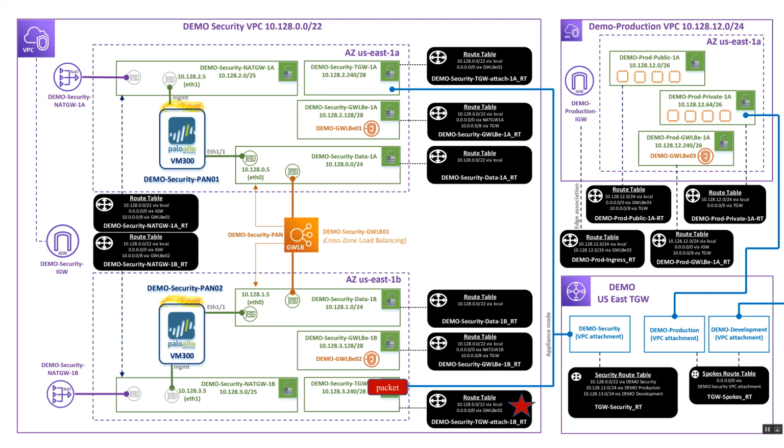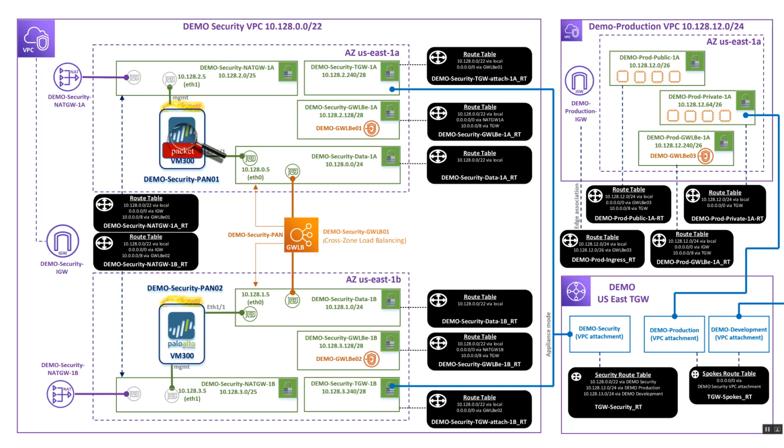Well, it's the gateway load balancer endpoint 02. So the packet gets forwarded directly into the endpoint, which makes its way to the gateway load balancer, and the gateway load balancer Geneva encapsulates the payload to the Palo Alto firewall for inspection.